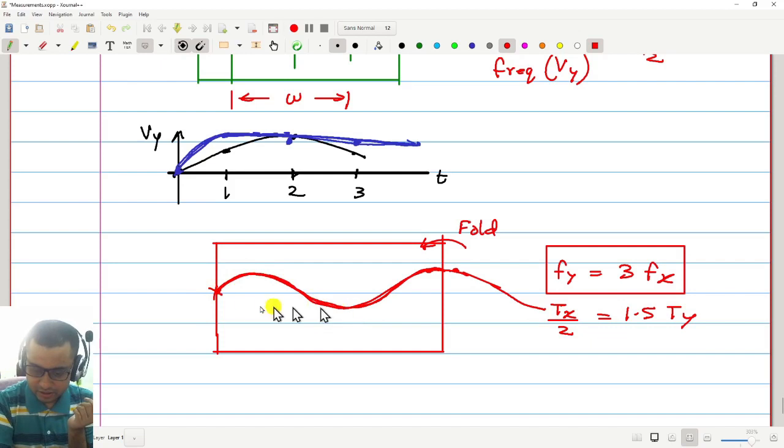Here to here is one cycle of Fy, then one cycle, then back, this is half cycle, 2.5 cycles. I think I have made a mistake. Can anyone figure it out?